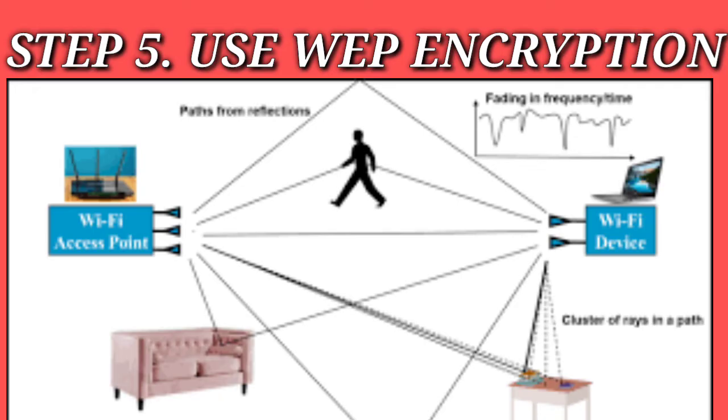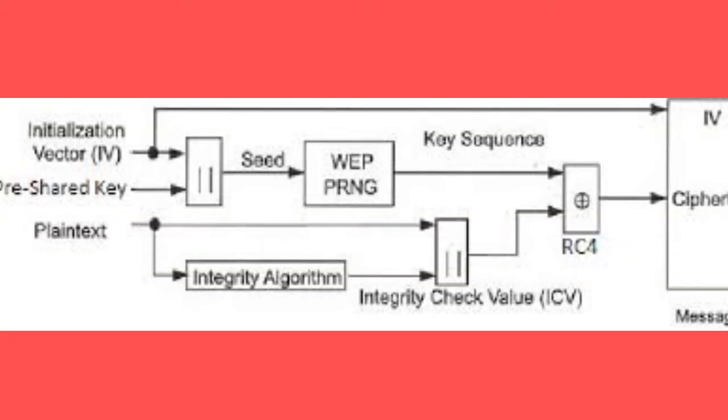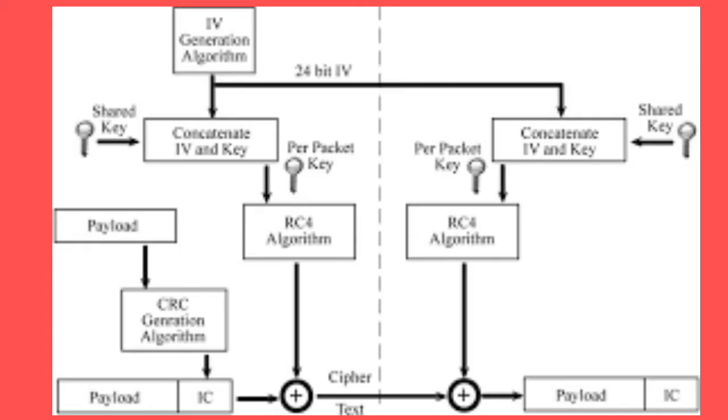And step number 5, use WEP encryption. When it comes to encryption, more is always better, and some is better than none. Most commercially available access points support WEP, or should I say Wired Equivalent Privacy encryption, despite its relative limitations. WEP can be a valuable ally in protecting your customers' WLANs.